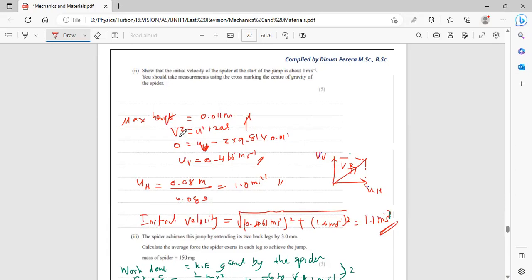So at the maximum height, the velocity is 0. Initial velocity is the vertical component of the initial velocity. Plus 2 times acceleration, 9.81, into 0.011. So the value would be 0.465.